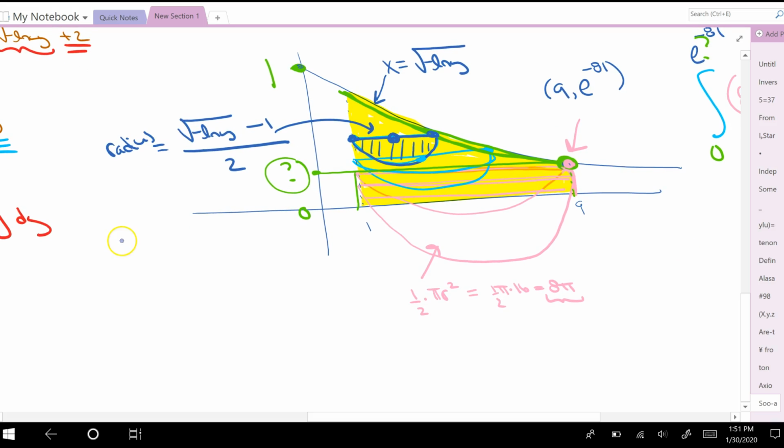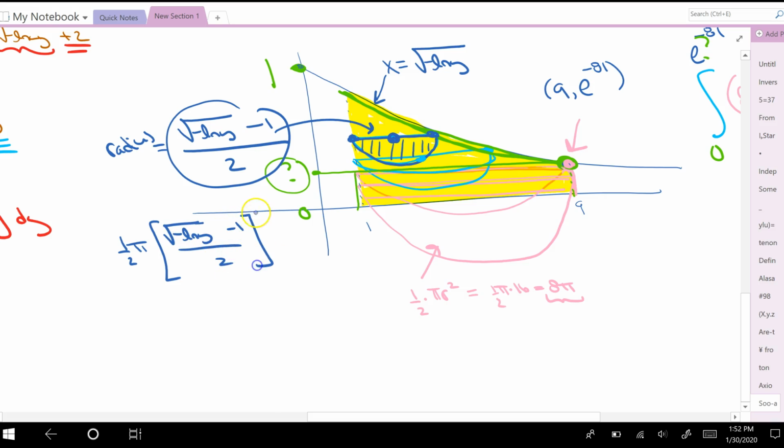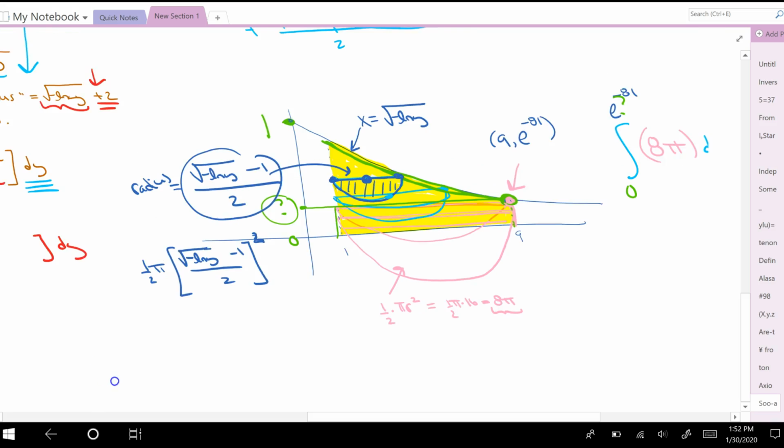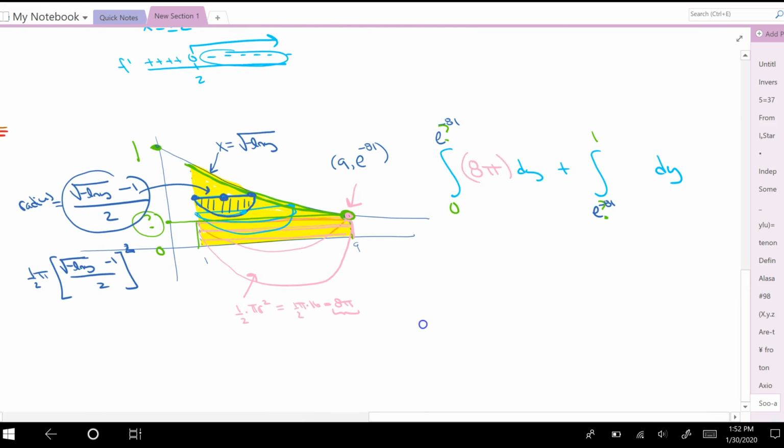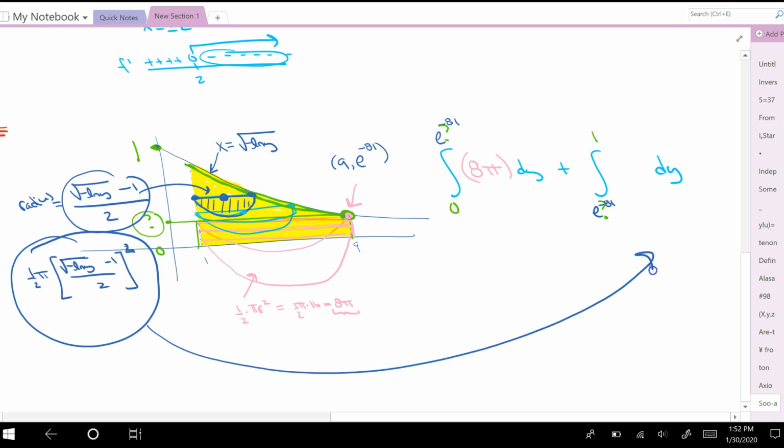That means the area of each of these is 1/2 pi r squared, and there is our integrand. So I'm just going to pop that in.